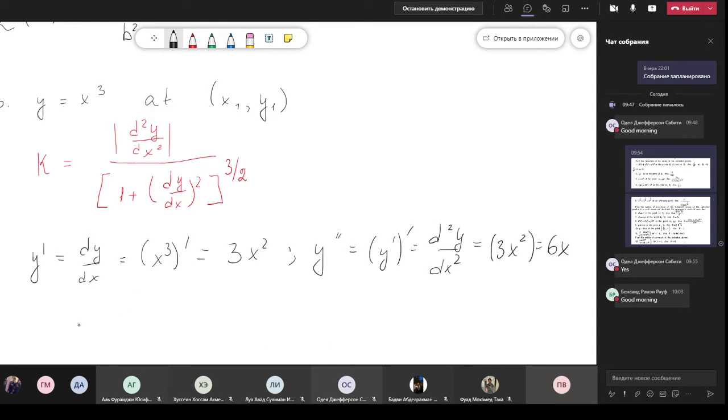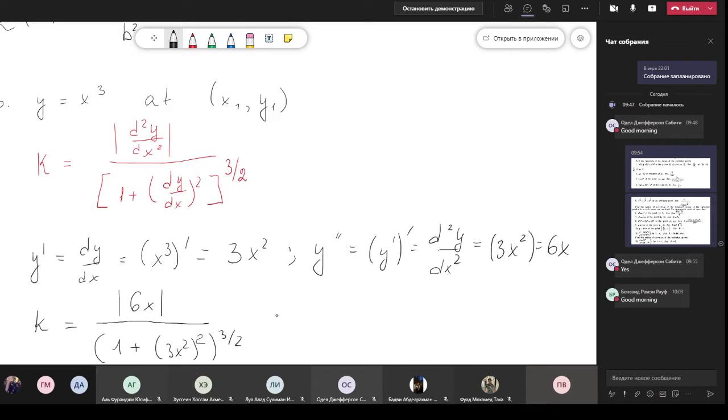And our k equals modulus of second derivative, 6x in our formula, over 1 plus the first derivative, 3x squared, then squared, and power 3 over 2.